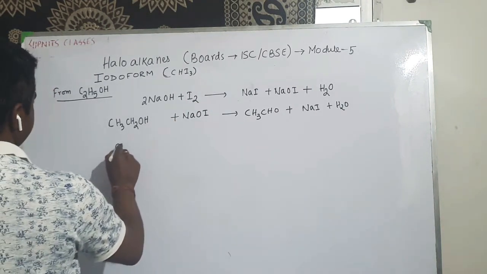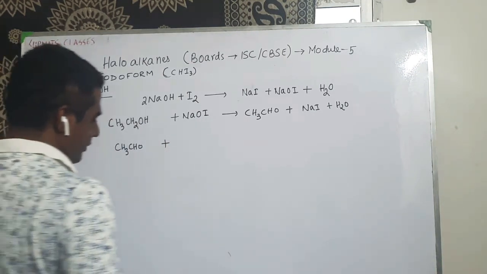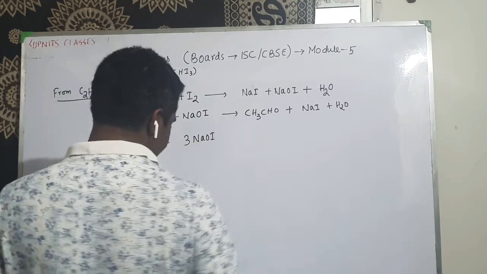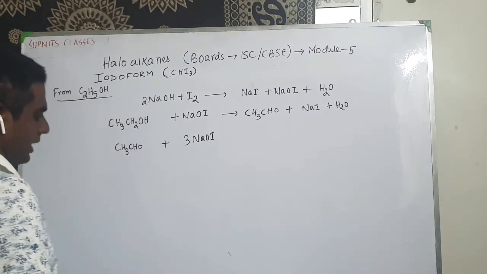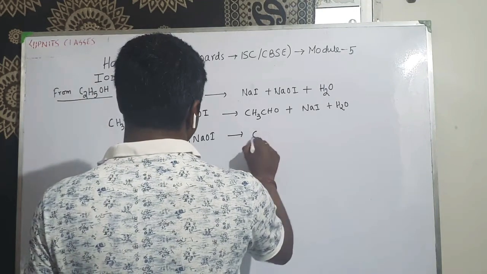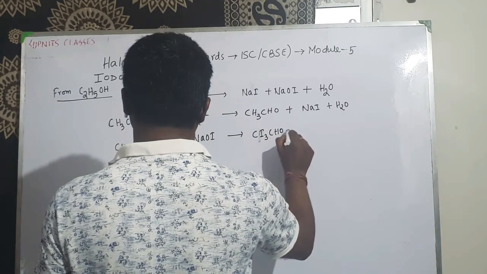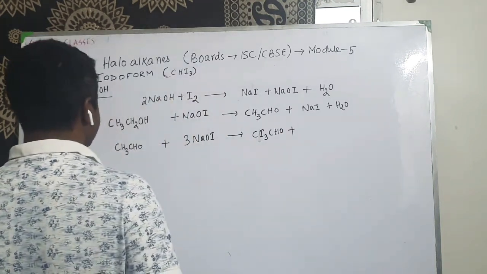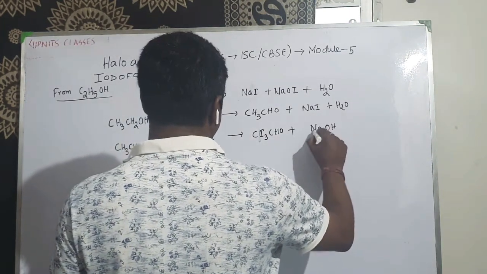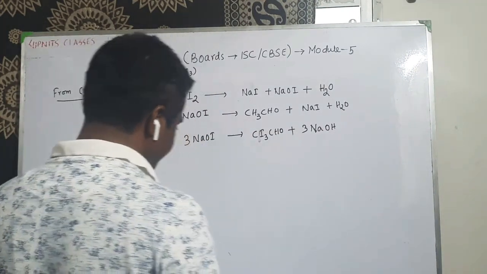Next is this CH3CHO will react with another NaOI. Okay, CH3CHO will react with another NaOI to give I3CHO plus 3 NaOH.